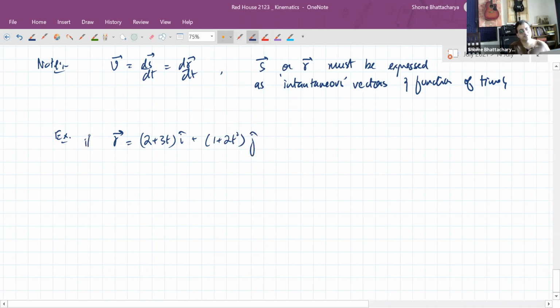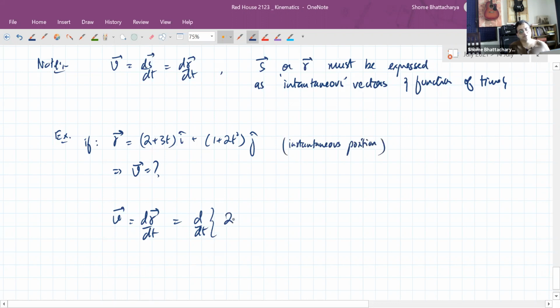If the position vector is this, then the instantaneous velocity will be what? So velocity will be, one way is that I can just describe it as the instantaneous rate of change of r. So now I need to substitute r as this one, because this is the instantaneous position as a function of time. I just need to put that value in.